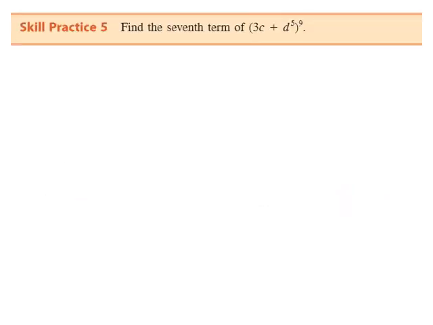Go ahead and try this one on your own. Unfortunately, I'm sorry, this is also the 7th term of something raised to the power of 9, so that is kind of similar.